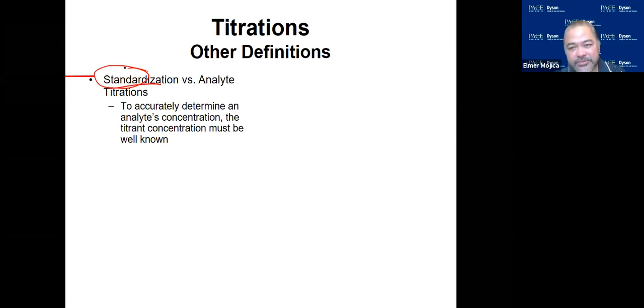For instance, if you have sodium hydroxide, what's the problem with NaOH? It has this property. Anyone want to say what hygroscopic means? When you say hygroscopic, it absorbs moisture.